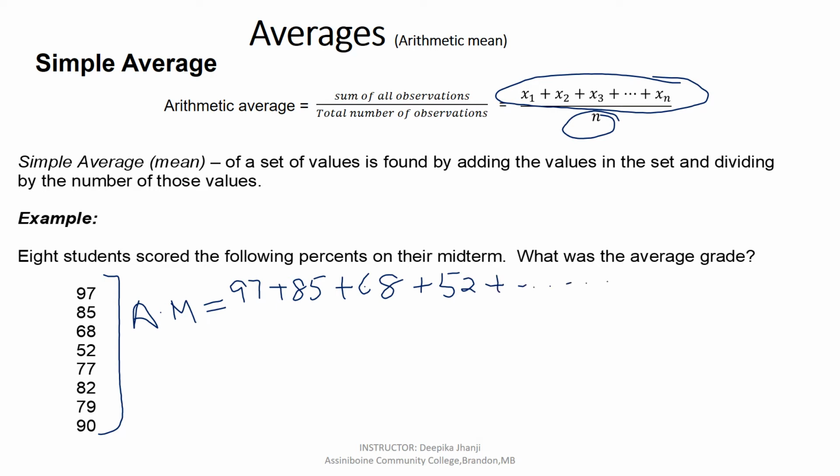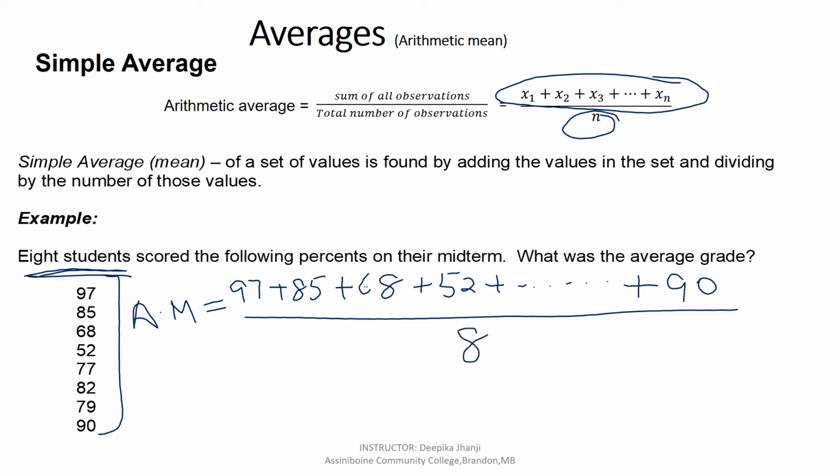You can just represent other values with dots and then close it with the last value. So this represents the set of all the values. This shows the number of observations and now divide it by the total number of observations. How many in total do you have? 8 observations because you are recording the marks of 8 students. So you'll divide it by 8, right?